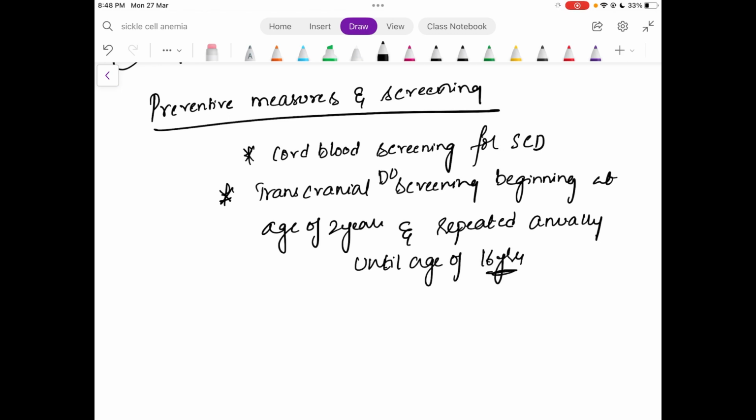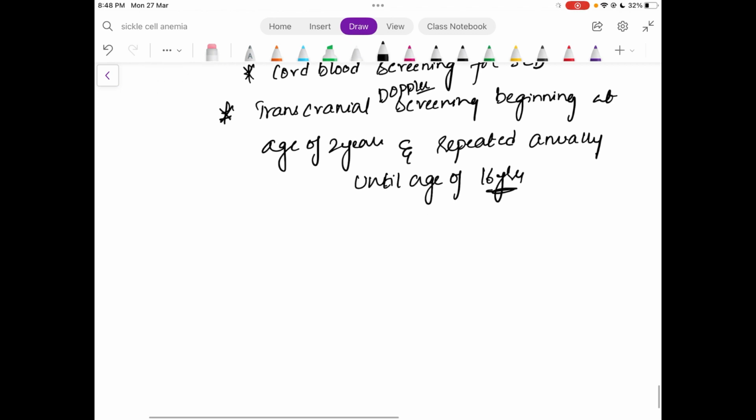So you have to do transcranial Doppler screening to find out stroke risk in these sickle cell disease patients.